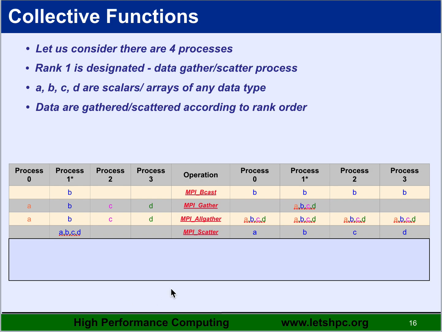There are many other collective functions which we can look into in any of the available MPI manuals. And as per the requirement of the applications, we can use these collective functions.